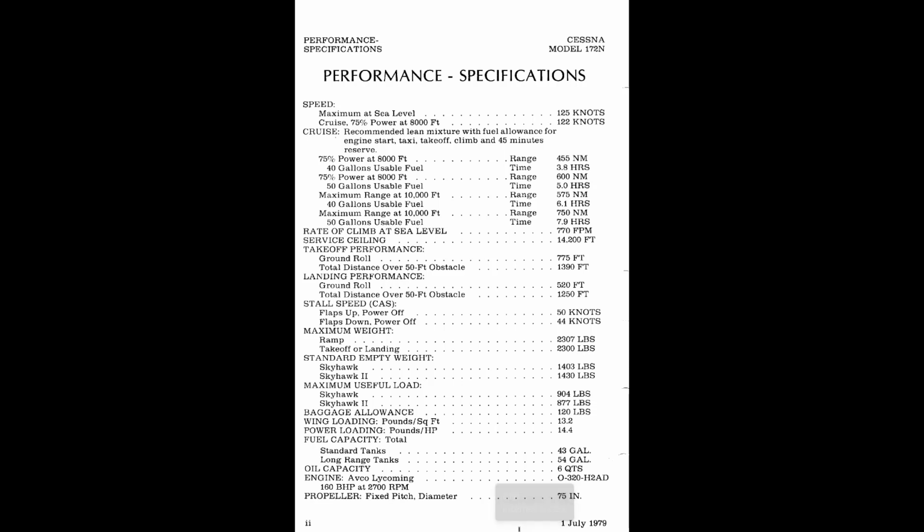As we dive into the POH, right at the start of the POH, we have the type of propeller here: fixed pitch, the diameter 75 inches long, lengthwise, and this is for the Cessna Skyhawk 172 November N.